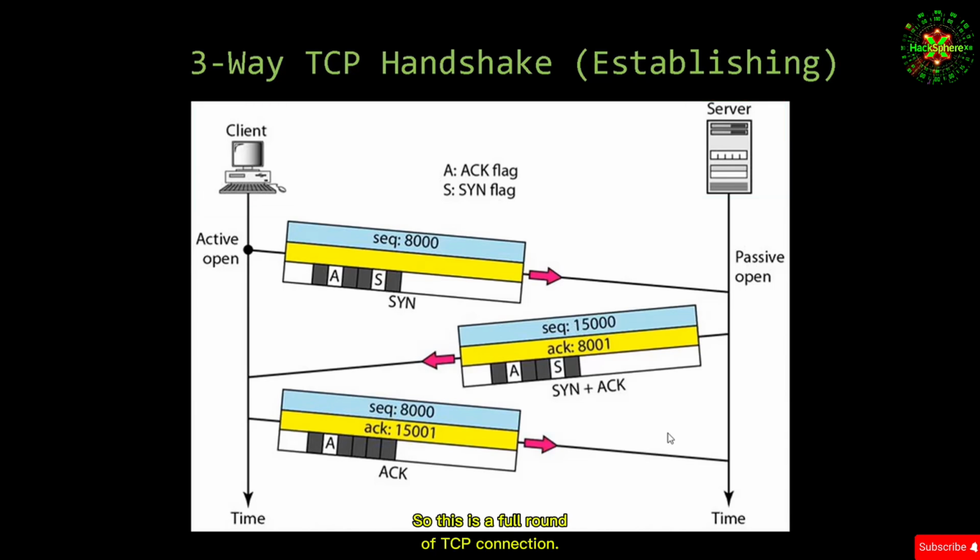So this is a full round of TCP connection. You might have seen that the server always replies with the sequence number +1. Then the client replies with the previous sequence number +1. No need here to go into the details. We're just explaining that in order to make effective use of Wireshark.